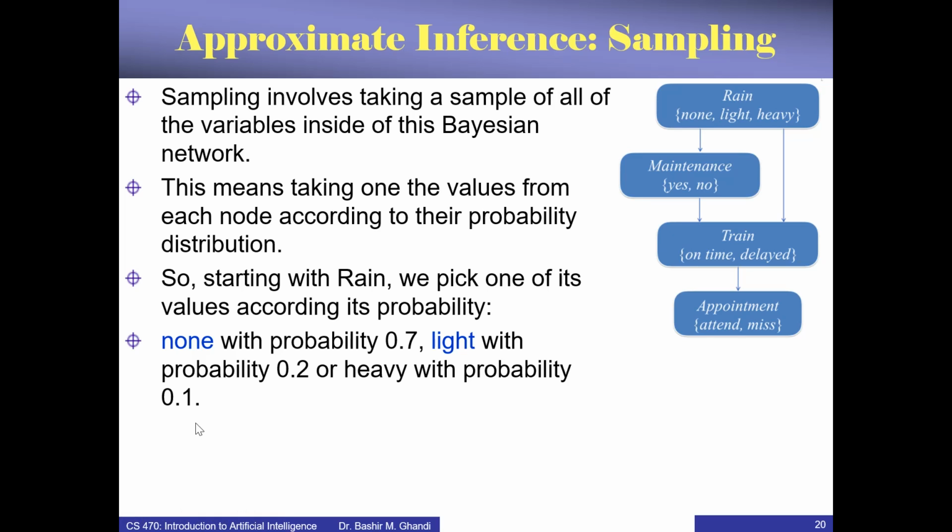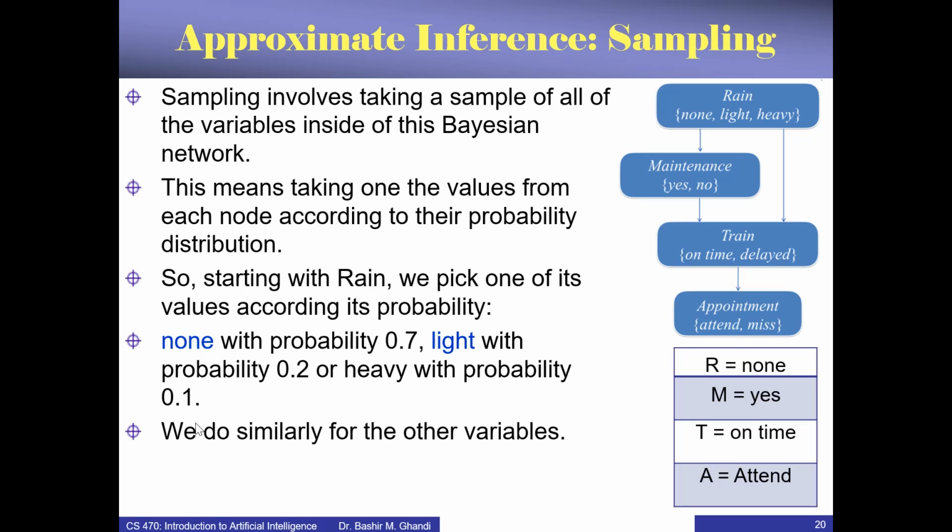So we're going to try and pick one of these values based on these probabilities. We don't pick them equally likely. We try to pick one of these values randomly, but based on their probability distribution. So suppose in this first sample, we pick none.